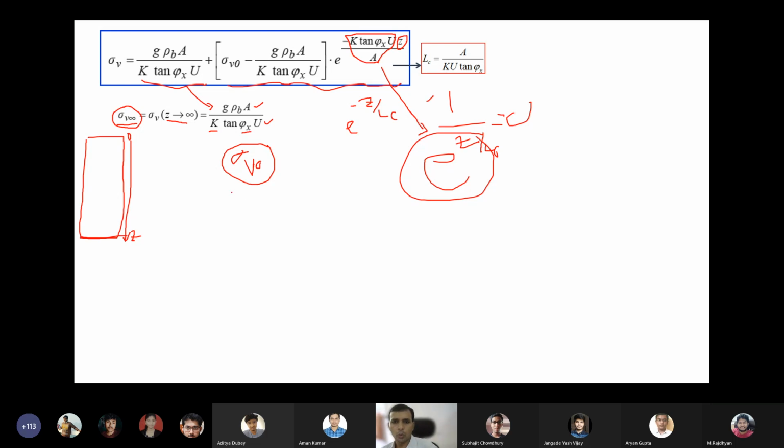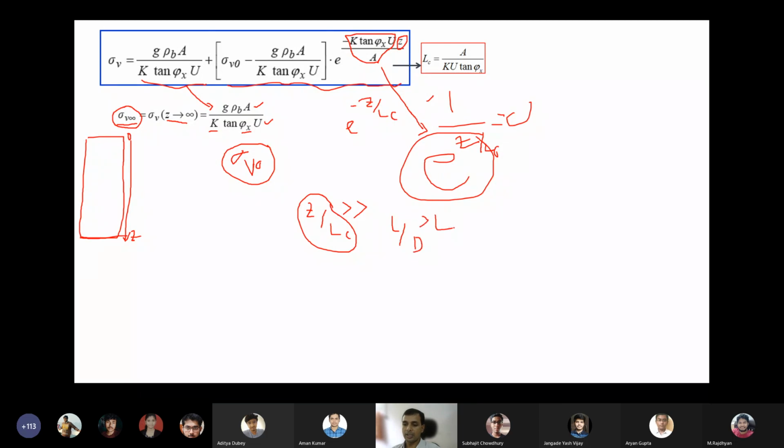So what is called significantly tall? When we say significantly tall, if the Z by LC ratio becomes a very high value, then we can say Z tends to infinity.